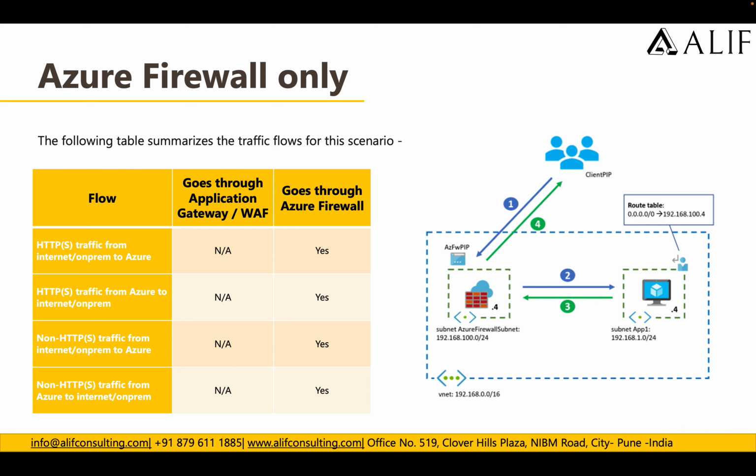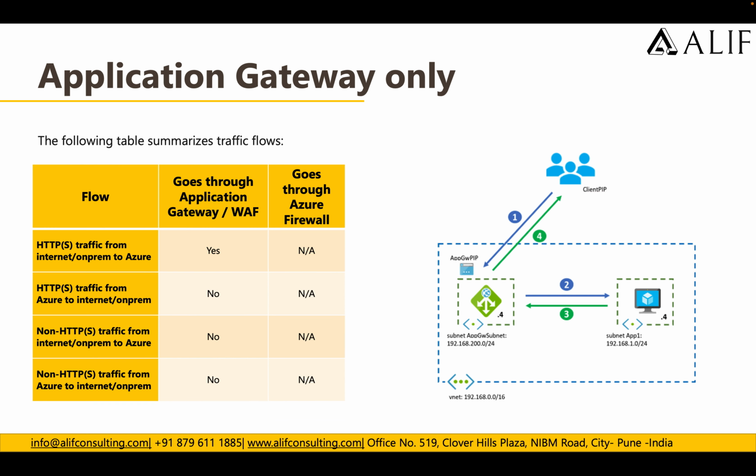To override that, we need a user defined route in which we forcefully send all the traffic to the firewall. That's how you can have an Azure Firewall only architecture, in which all the incoming and outgoing requests come in through the firewall and go out through the firewall.